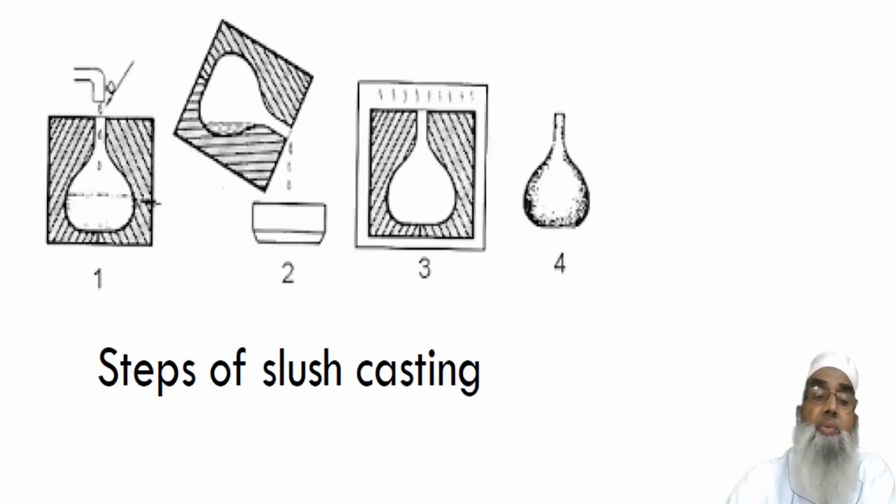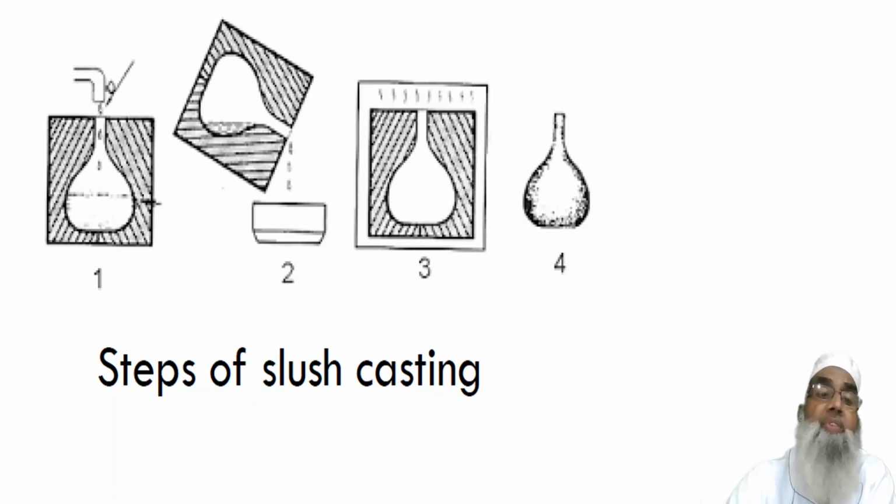Now there is another one, slush casting. In slush casting, we have a porous mold with the mold cavity. We pour the molten metal into the mold cavity and allow it to solidify for some time.